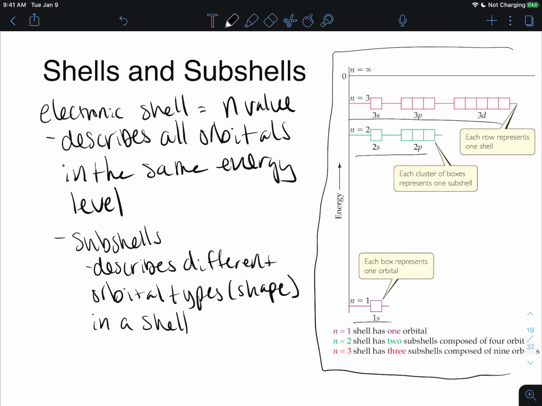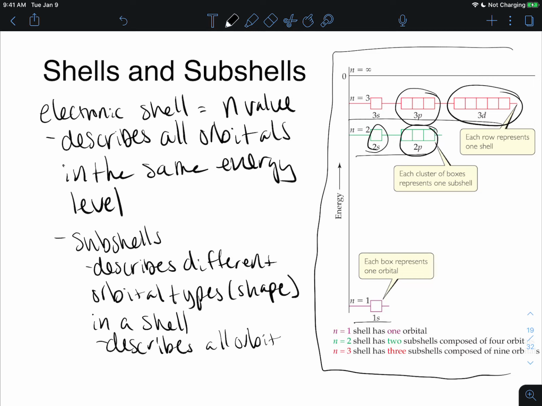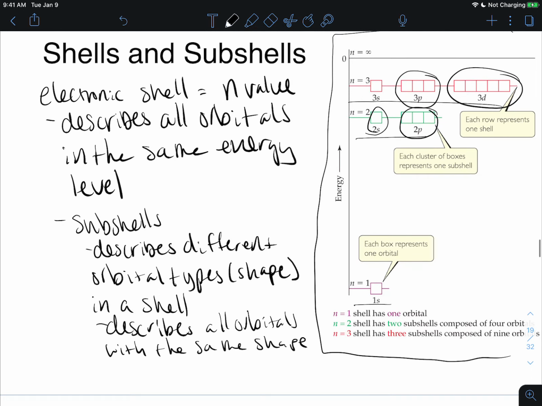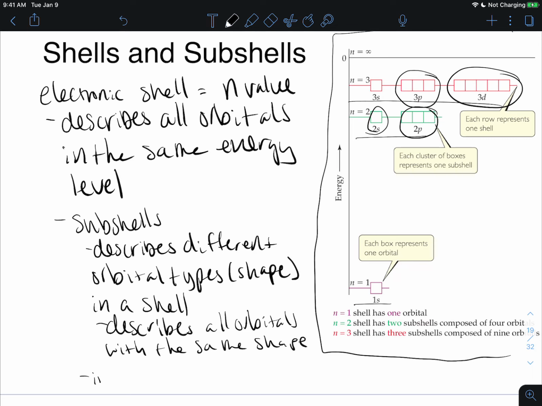We can have the S subshell, the P subshell, the D subshell, where each subshell describes all the orbitals with the same shape. And then the last thing we have is orbitals. So individual orbitals.